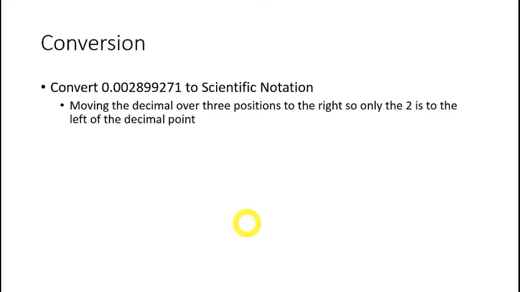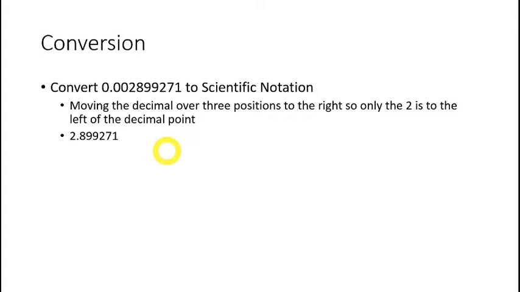So we need to move 3 positions to the right to get that single digit to the left of the decimal point. So here I took the decimal point and I moved it over 1, 2, 3. Okay, so now we are going to have that as our representation.